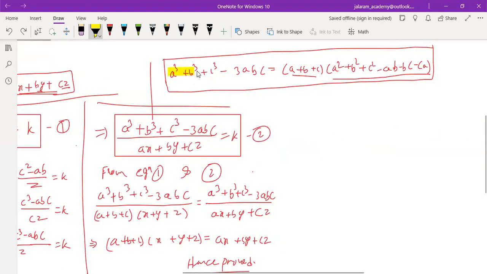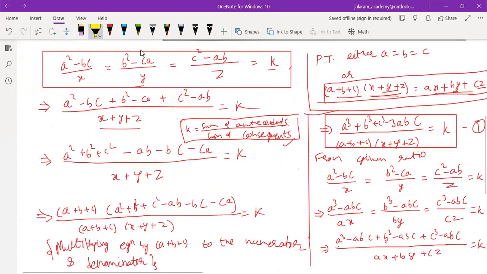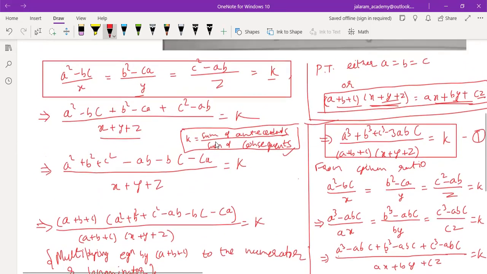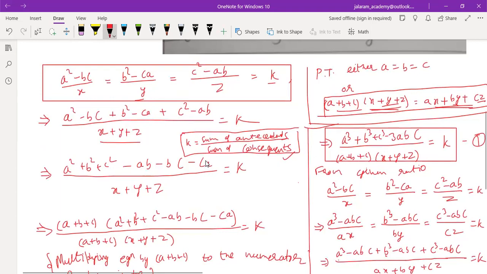If you write this formula in the rough: a³ + b³ + c³ − 3abc = (a + b + c)(a² + b² + c² − ab − bc − ca). Then it is giving (a² + b² + c² − ab − bc − ca)/(x + y + z) equals k.